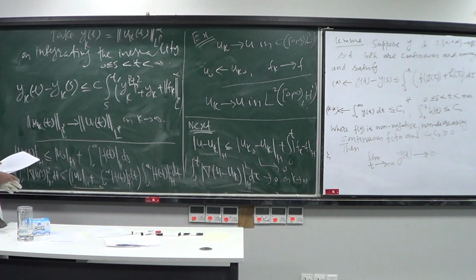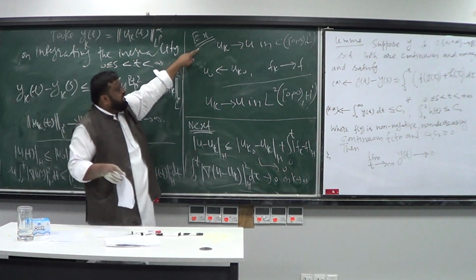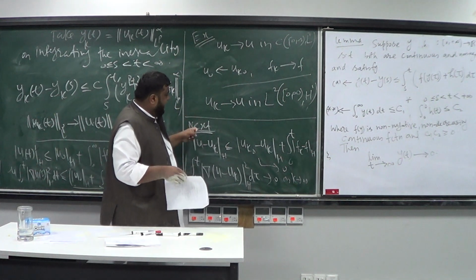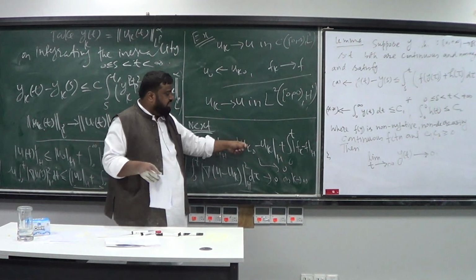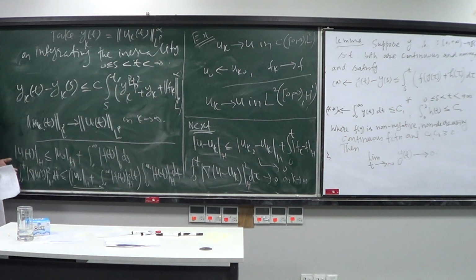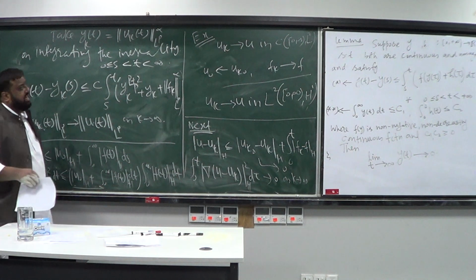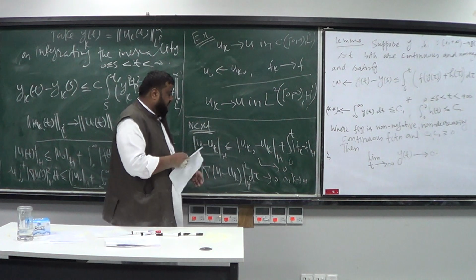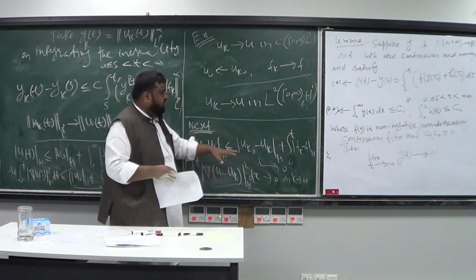So, what are the conclusions? I want to show this. First, you've got to show these two things. Second, using these estimates, the energy estimates, and replacing u by uk, and the second inequality, again replacing u by u minus uk, and using these two convergences, what we can show is that both of these go to 0.